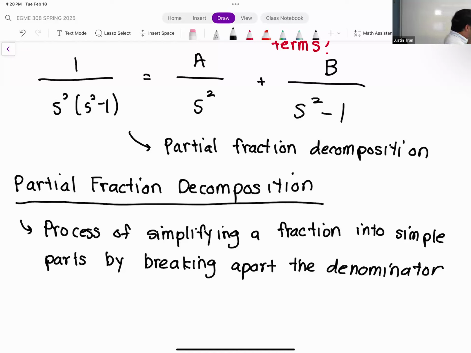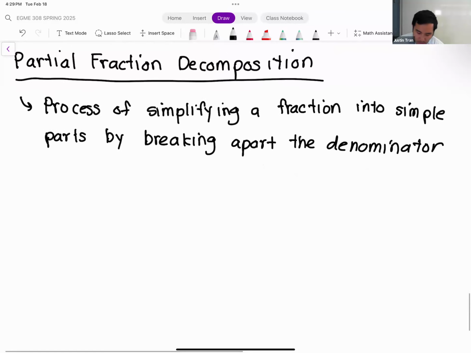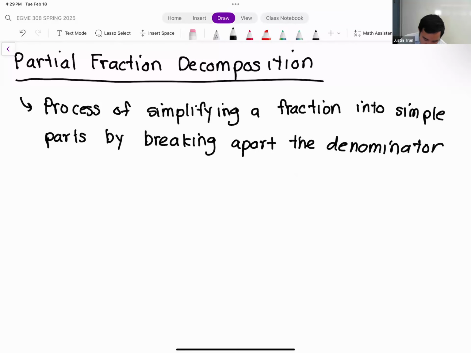The idea is that if your denominator has separate terms, you can separate them into separate fractions with an unknown coefficient. Okay, so let's do an example.